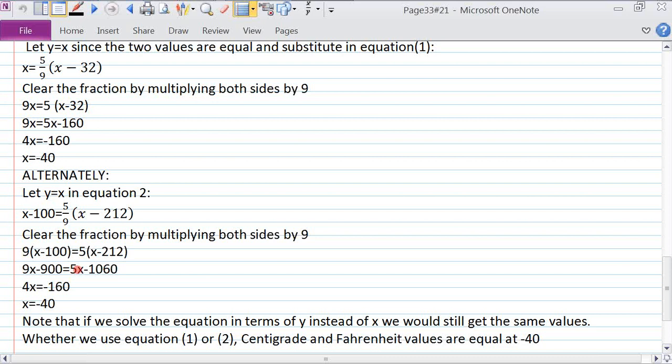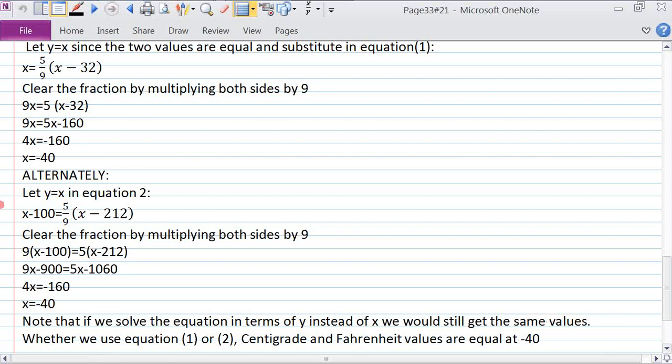We move the 5x from the right side to the left, make it minus, and I get 4x. Move the minus 900 to the right, I get plus 900 minus 1060, which gives me minus 160. So 4x equals minus 160 and x is minus 40. Note that if we solve the equation in terms of y instead of x, we'd still get the same values.